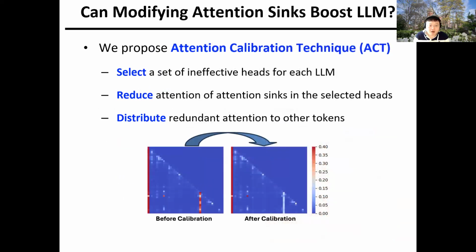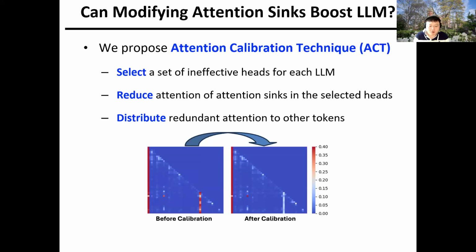Motivated by this observation, we try to answer: can we modify attention sinks to boost the accuracy of large language models? To this end, we propose the attention calibration technique, where we select a set of ineffective heads for each large language model using a held-out small-scale calibration dataset. Then we reduce the attention of attention sinks in later tokens in the selected heads and redistribute the redundant attention to other tokens.